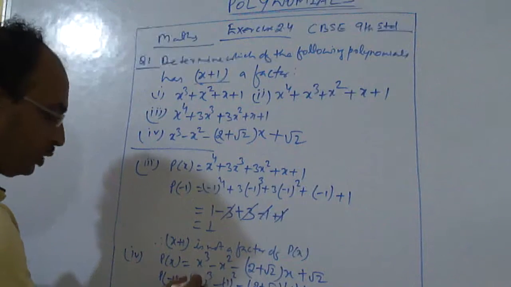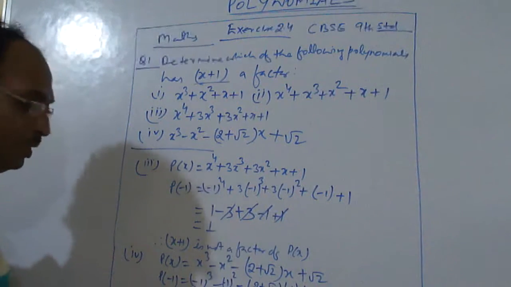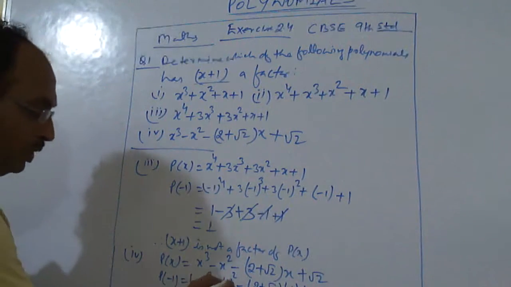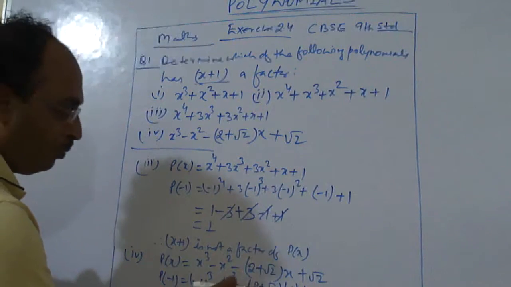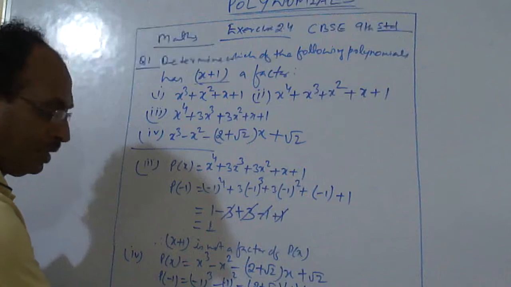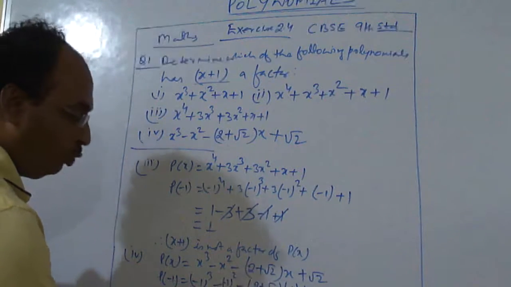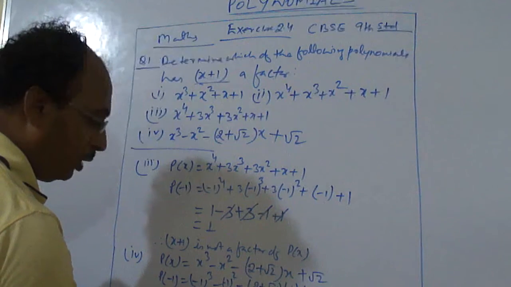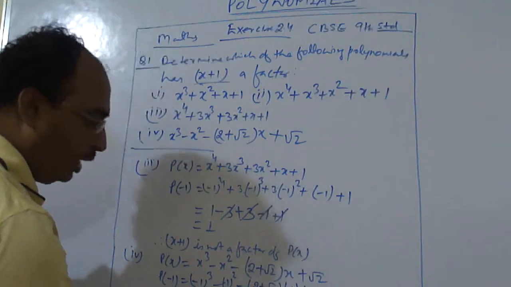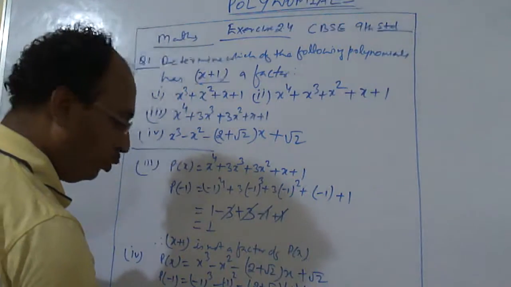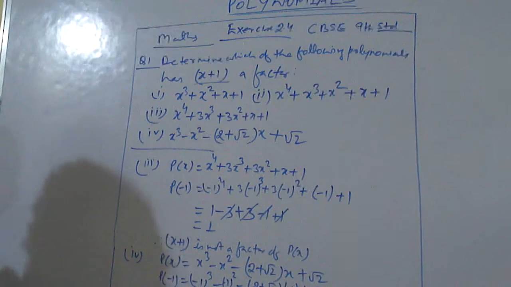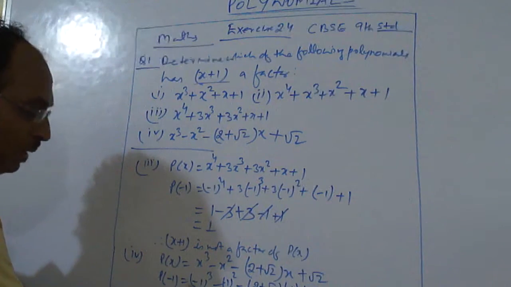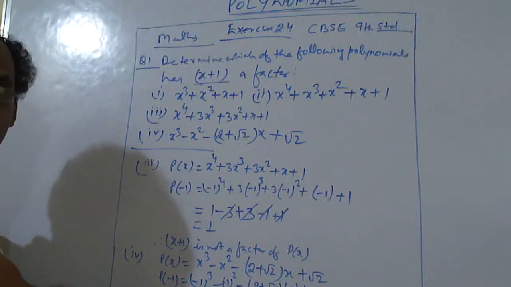Now see here. Minus 1 to the power cube is minus 1. Minus 1 to the power square is plus 1, so minus 1. Here minus and minus will become plus. And plus 1 into (2 plus root 2) will give you 2 plus root 2 only. And here plus root 2. So now what you have got? Minus 1, minus 2 and plus 2.